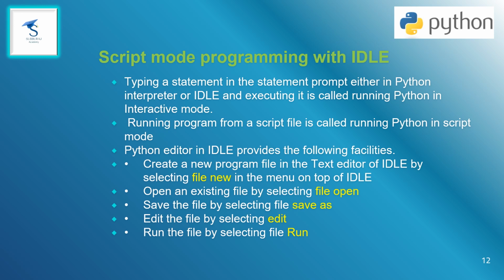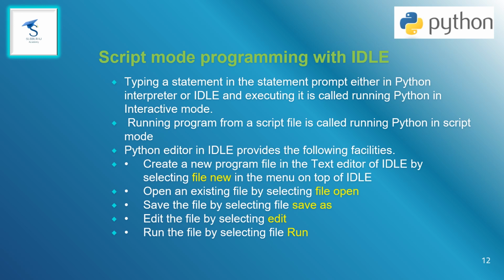If you look at the top of the screen, you'll see File. You say File, New, then a new file will open. There you can type the program. Once you have typed it, you can save it with the .py extension. Later, if you want to edit it, you can open the file, carry out editing, and save it again.